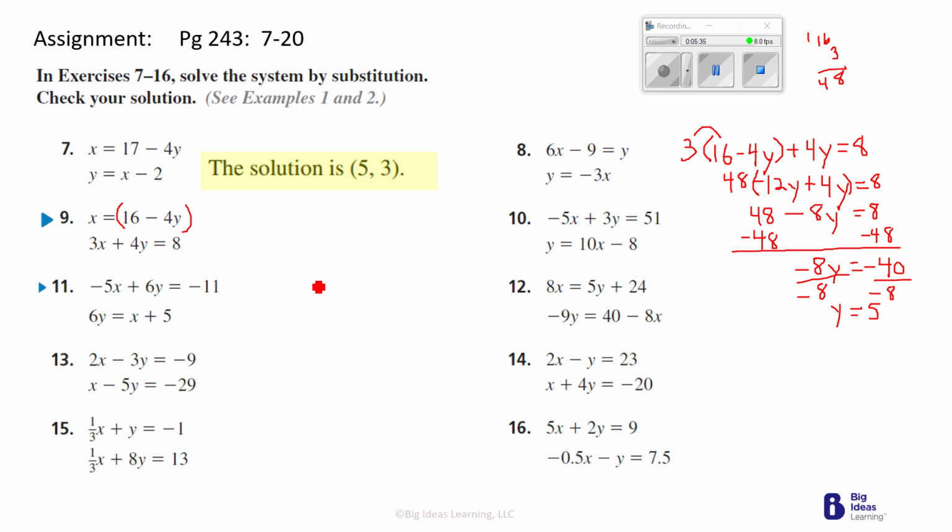Now I can plug y in to one of these problems. And I think I'm going to do it to this problem up here. It seems pretty easy. So instead of being x equals 16 minus 4y, this is going to be minus 4 times 5, because y equals 5. All right, now I'm going to take a negative 4 times 5, that's negative 20.